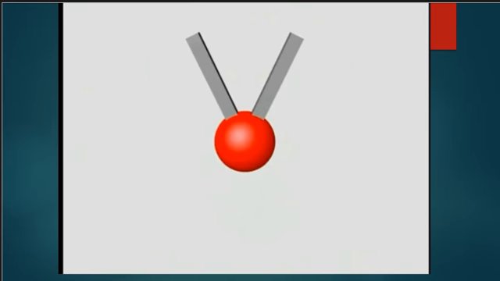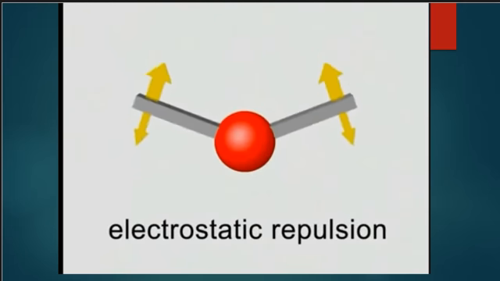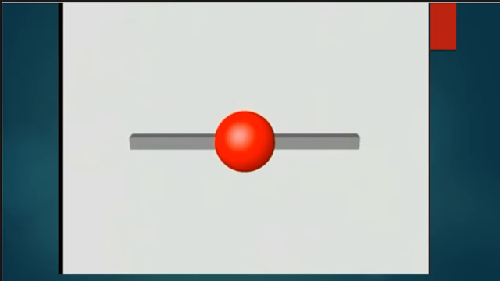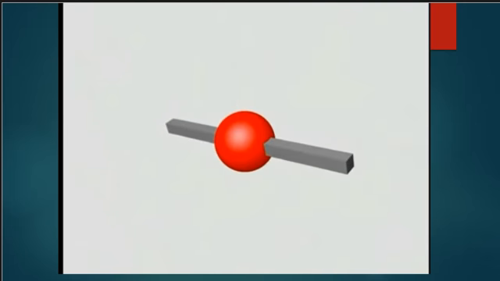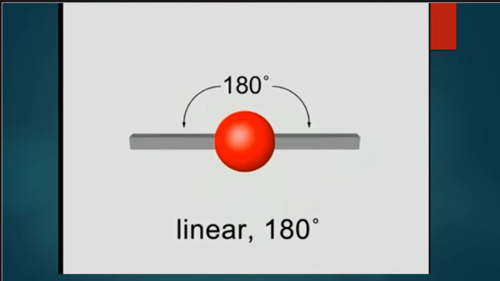We'll represent them as bars attached to a sphere and show the electrostatic repulsions as yellow arrows of varying width. The simplest case has two negative groups around a central atom. At any angle less than 180 degrees, electrostatic repulsions push the bars apart. Repulsions are minimized when the bars attain a linear arrangement.